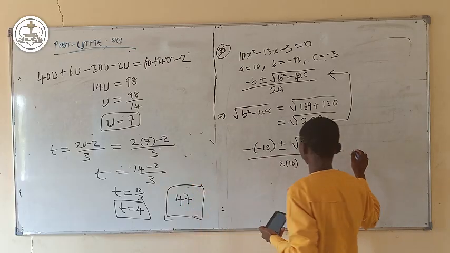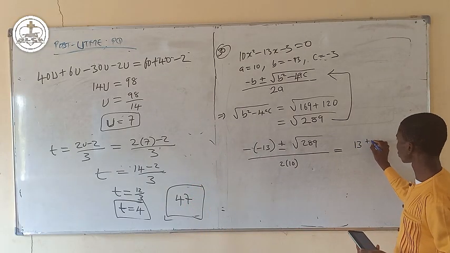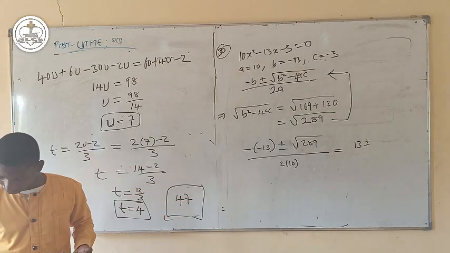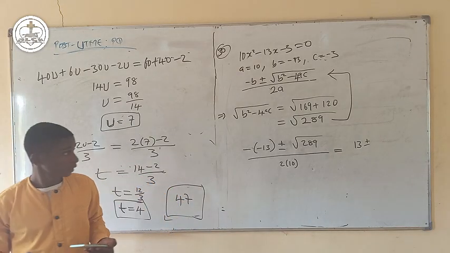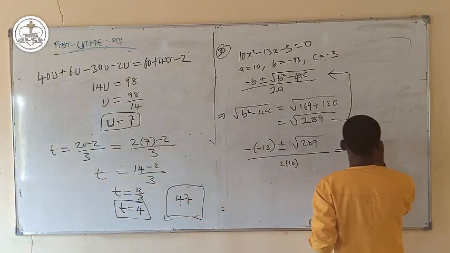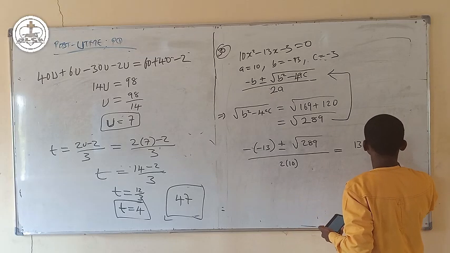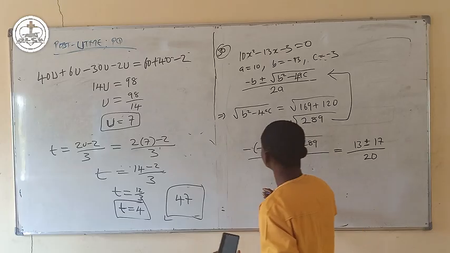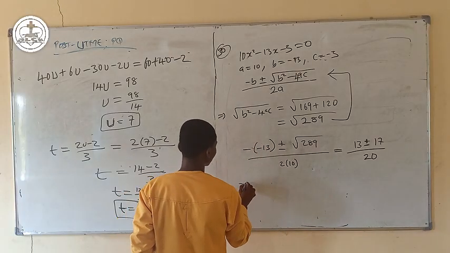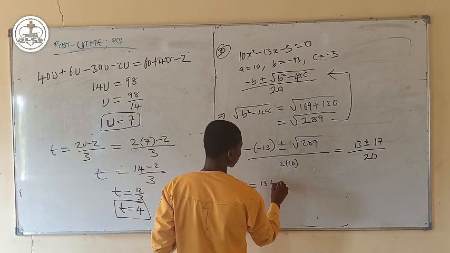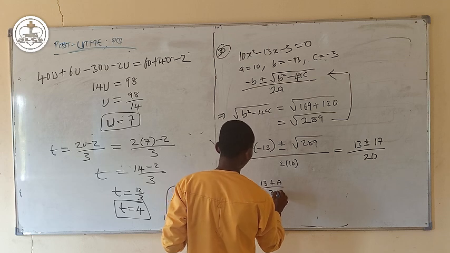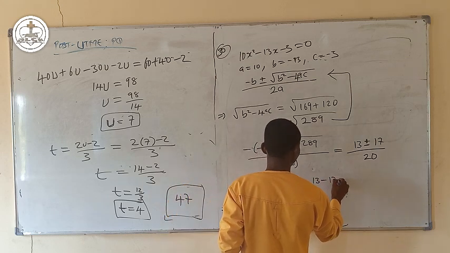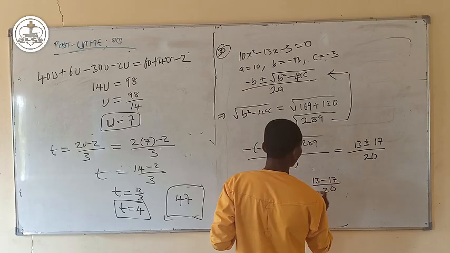What do we have as our roots? 13 plus or minus root 289, that will be 17, all over 20. So x will be 13 plus 17 over 20, or x will be 13 minus 17 over 20.